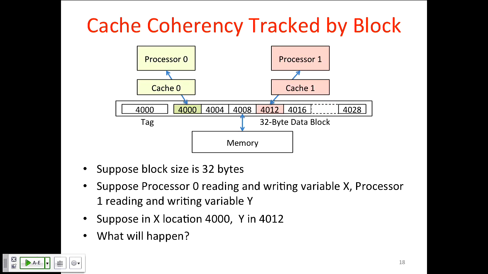What's going to be happening in the system? Can they both have a copy of that line and read and write from it without going over the interconnection bus? What's going to happen?